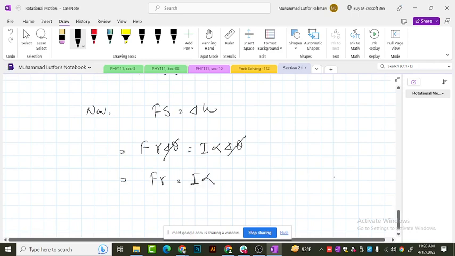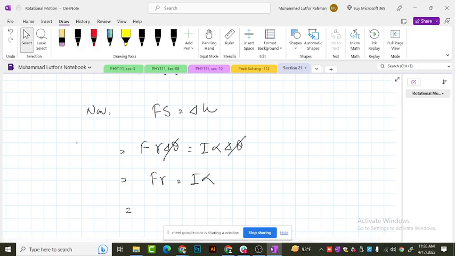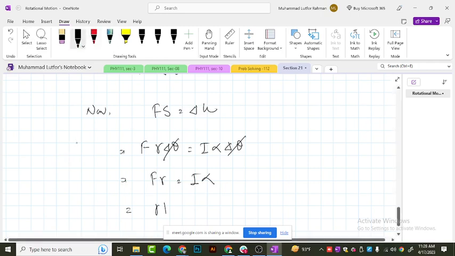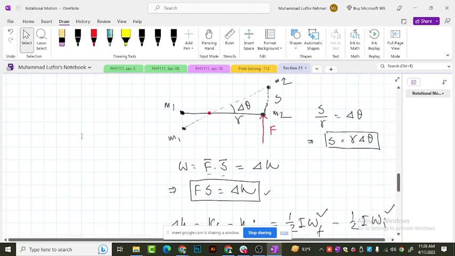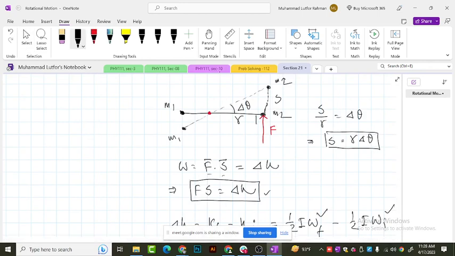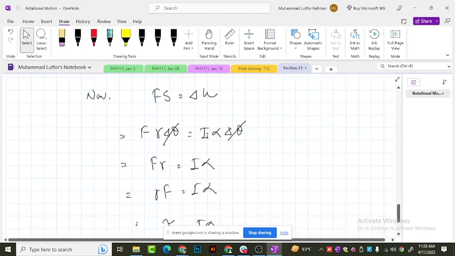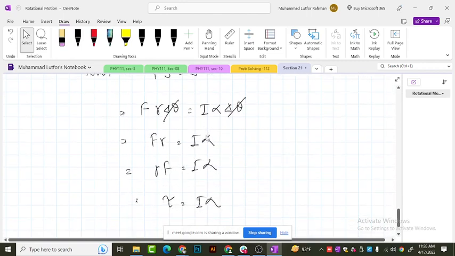Now what is F R or R F? This is actually the torque over here, right? R F would be the torque where the angle is 90 degrees, so sin 90 is 1. So torque equals I alpha. I can say that this is the torque acting on the system, and due to that torque the system is rotating.